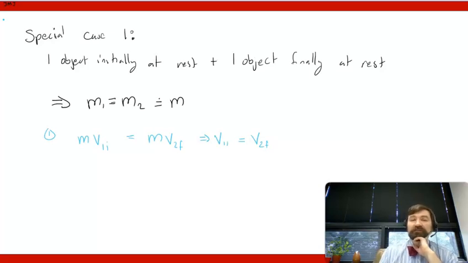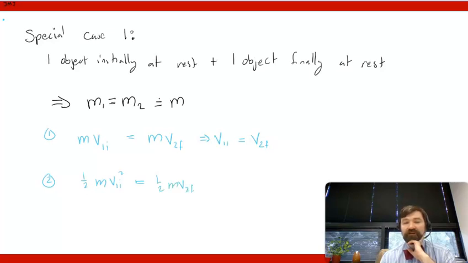You can't, of course, solve for both masses unless some piece of information is given about one or the other mass. The other equation, number 2, would simply become 1/2 M V1 initial squared is equal to 1/2 M V2 final squared. And once again, this reduces to V1 initial equals V2 final.